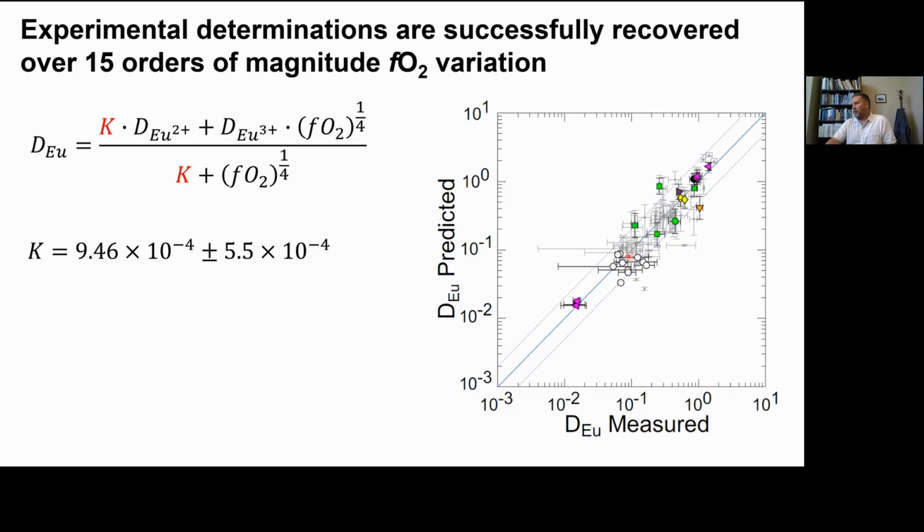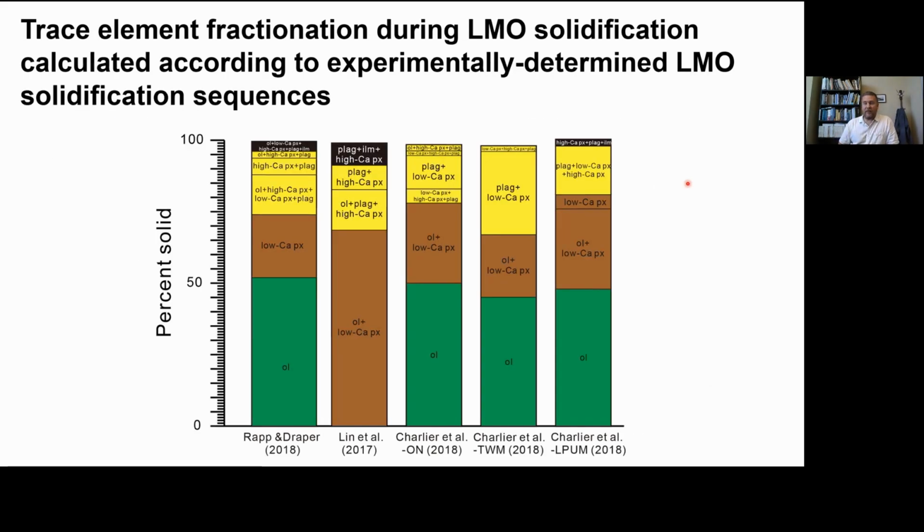I wish the model were more accurate or more precise, but it is accurate over 15 orders of magnitude of fO2 variation. And you saw that compositionally, these data span a very large range, from dacitic to basaltic systems. So this model should be very generally applicable and certainly lunar relevant, as many of these partitioning data were collected specifically for lunar systems. Okay, so that's how the europium partitioning model was developed.